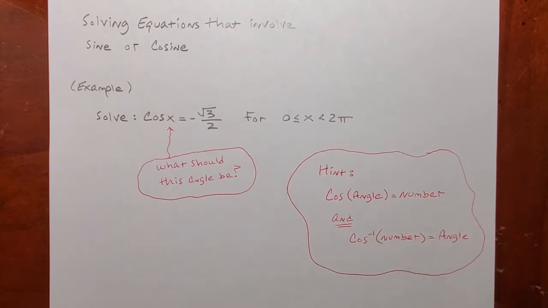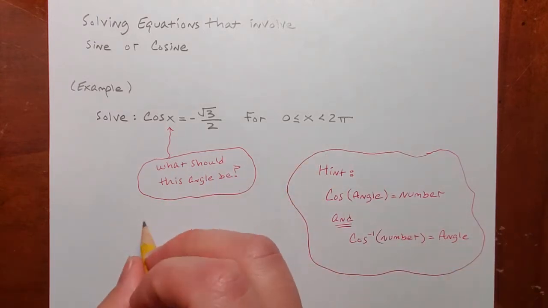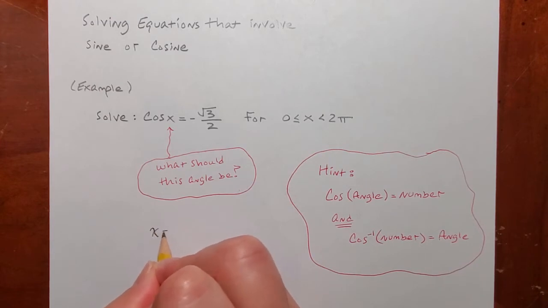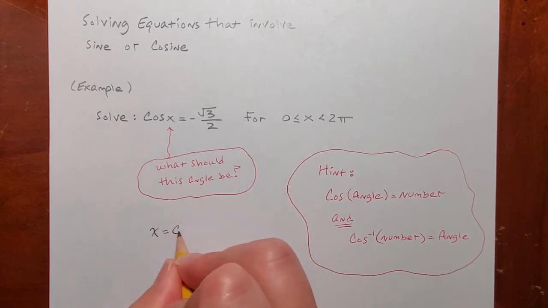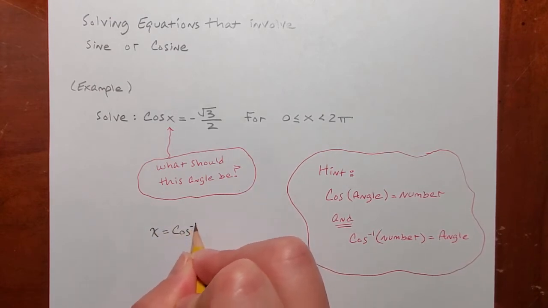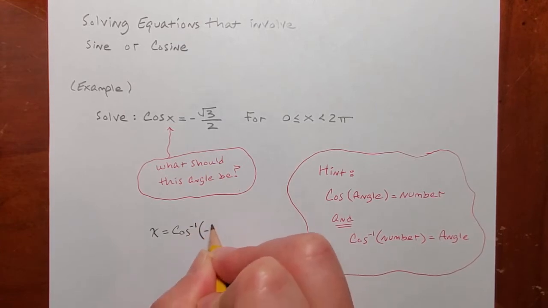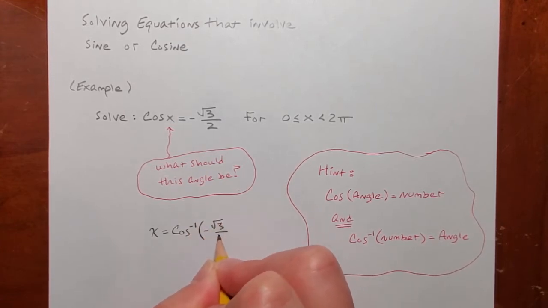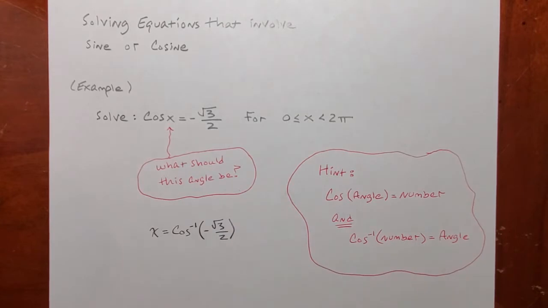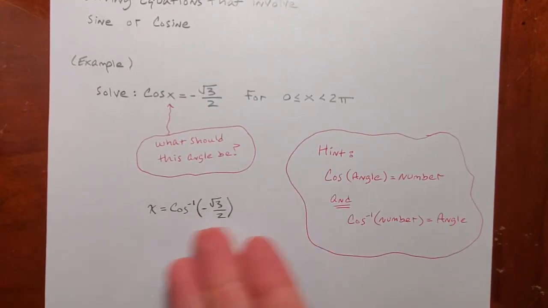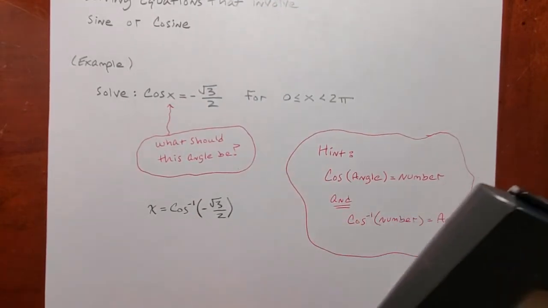Now, let's say that I'm going to use my calculator, not because I don't know, just because I want you to see it. Let's say x, the angle, should be cosine inverse of negative root 3 over 2. Okay? Because that will tell us the angle. That's what this says over here.